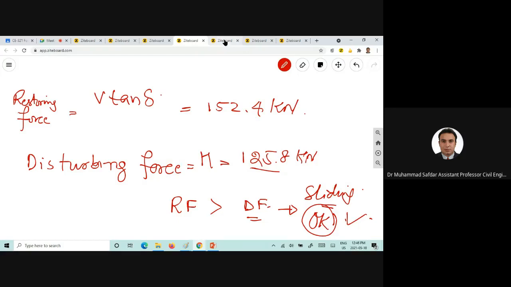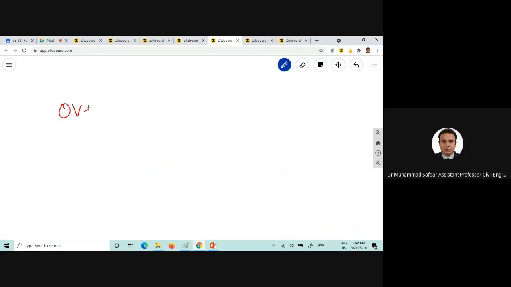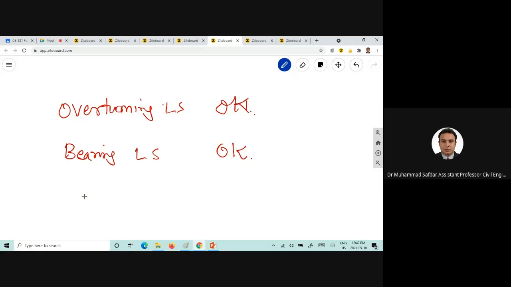Now, final comments: the overturning limit state is okay, and the bearing limit state is also okay. And how about the sliding limit state?